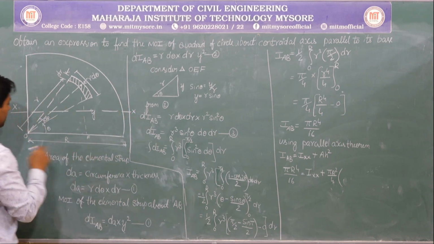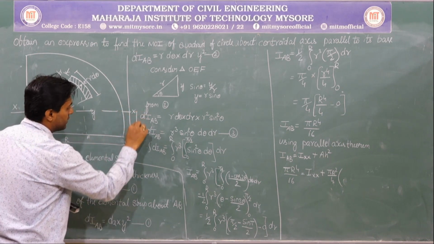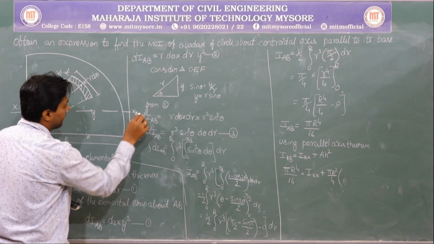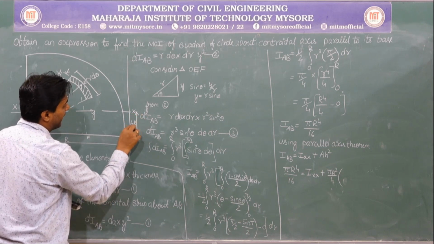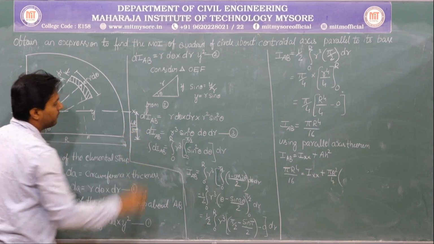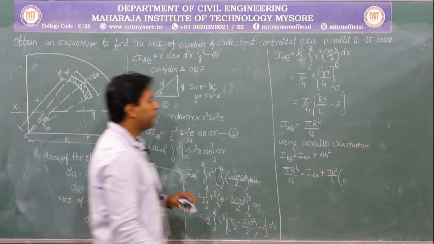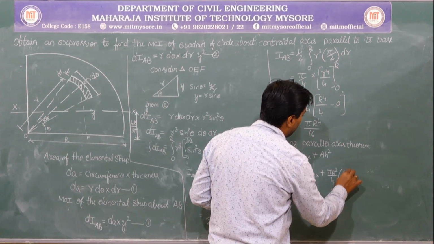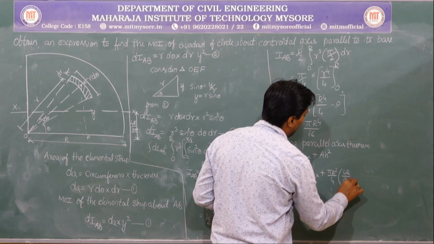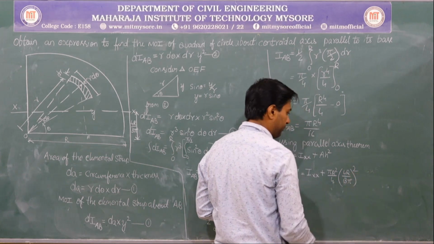What is that particular distance? So, what is this distance? From the centroid concept, it is 4r by 3 pi. I think you people remember that. So, it is 4r by 3 pi whole square.